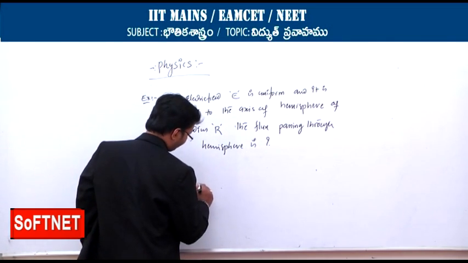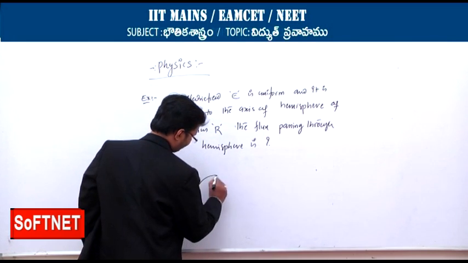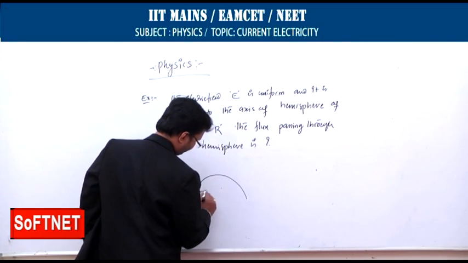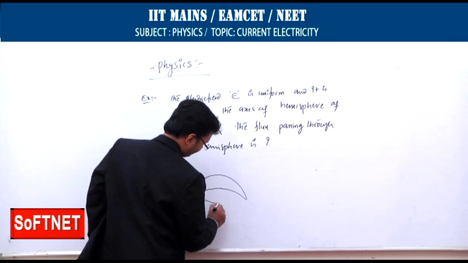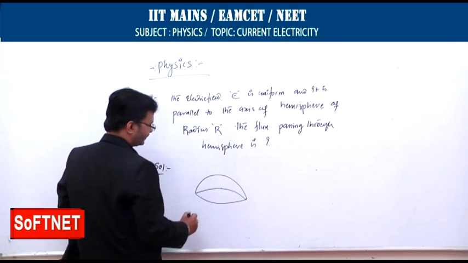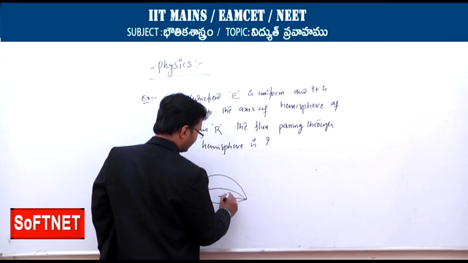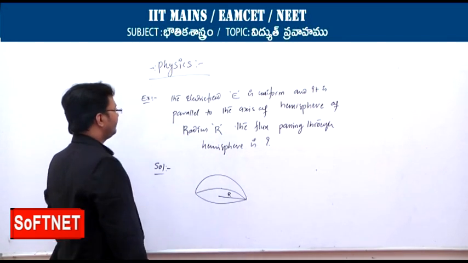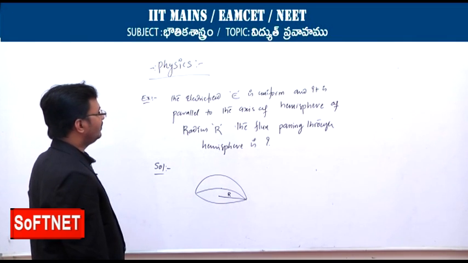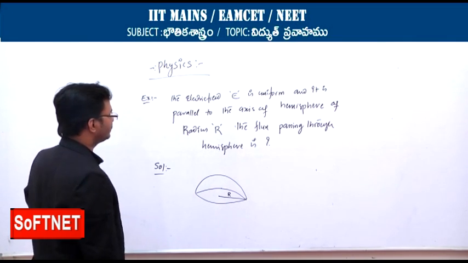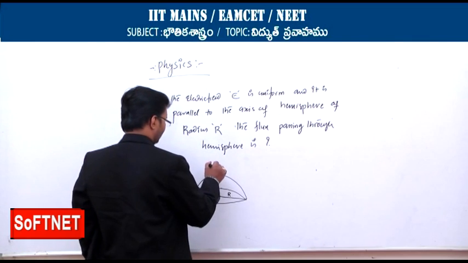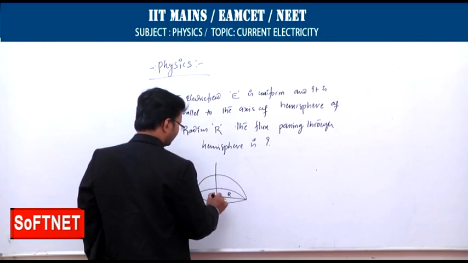Hemisphere. What is its radius? Capital R. What are they giving? The electric field is uniform and is parallel to the axis of the hemisphere. This is the axis of the hemisphere.